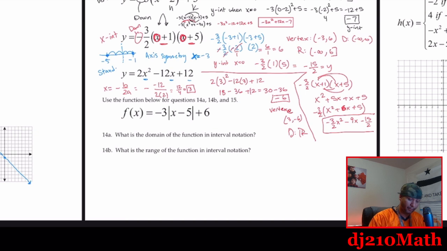So from the minimum, the y component of the vertex, which is negative 6, up towards infinity because it goes upward. And the y-intercept, it's obvious, right? It's the c value. The y-intercept is 12.